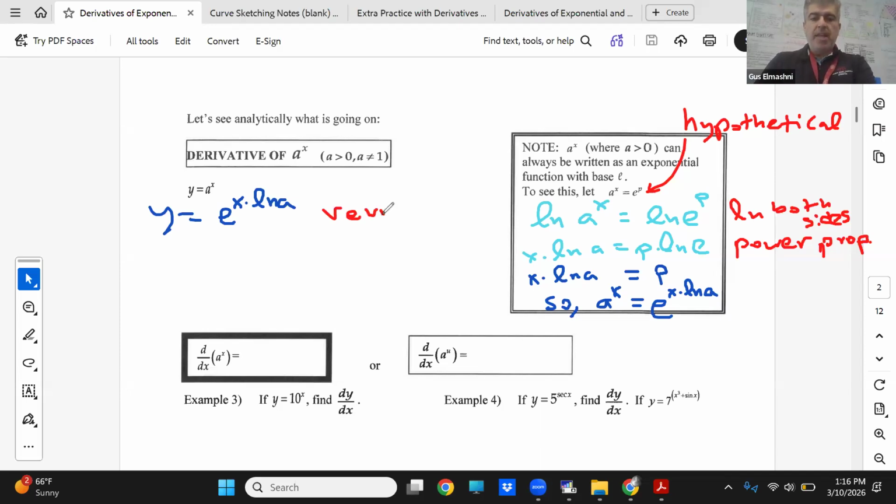Because we deliberately set a to the x equal to e to the p. Remember, we hypothetically said that a to the x equals e to the p. And when I solve for p, I got x ln a. So a to the x equals e to the x ln a. That's what I'm doing. I'm substituting. That's a rewrite.